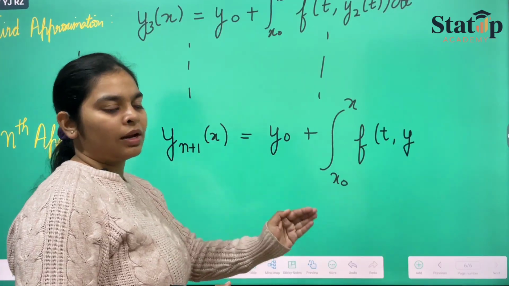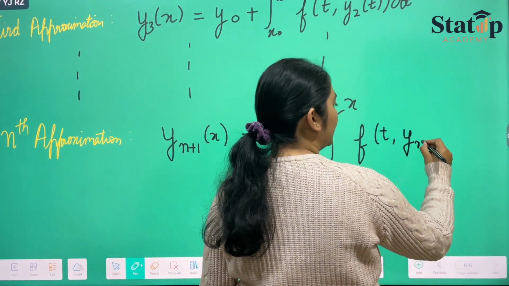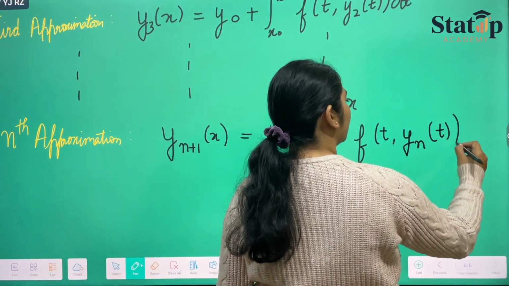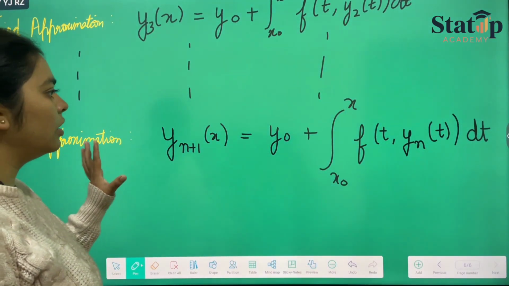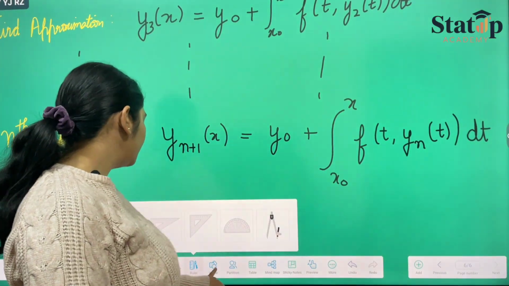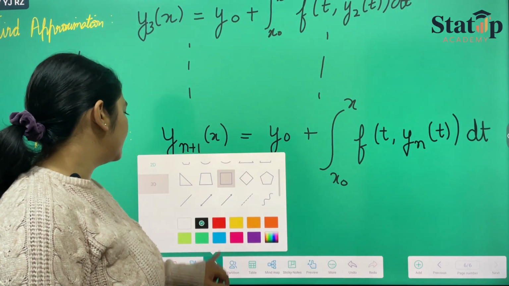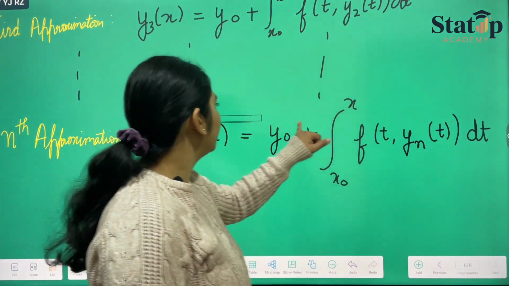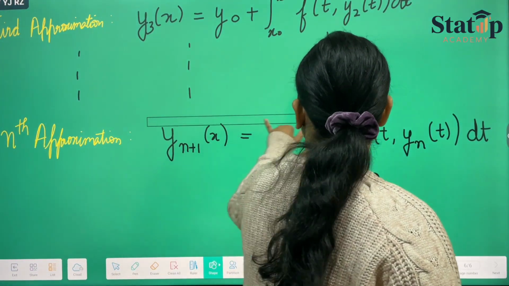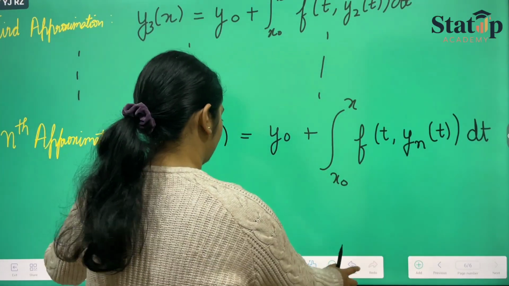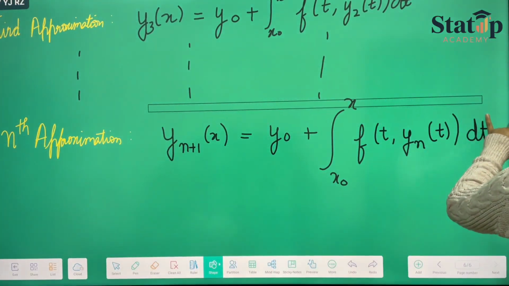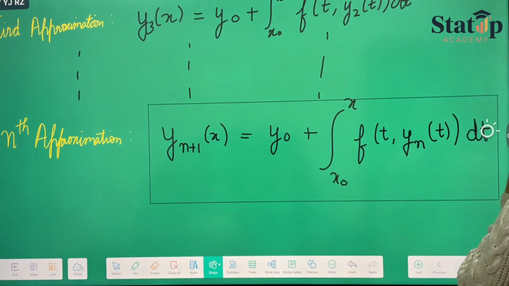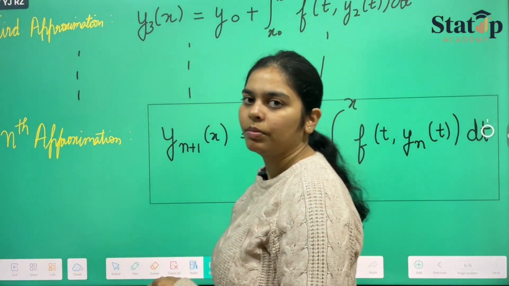So n plus 1 minus 1 is n, yn(t) dt. This is your basic formula or the general formula for Picard's method, and this should be kept in mind while solving.